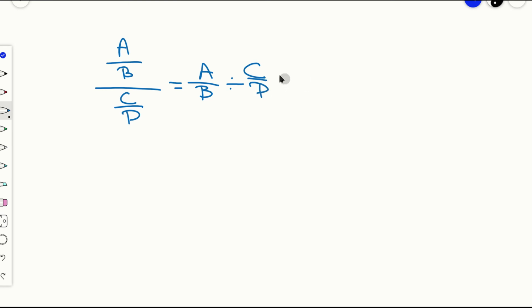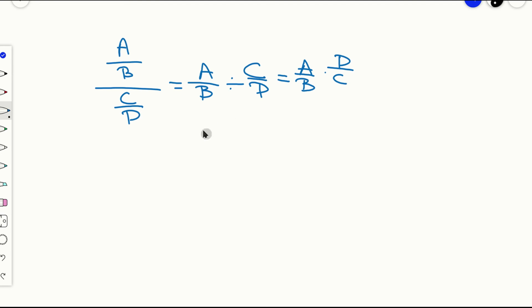Okay, so notice that here we want to look at a over b over c over d, right? As you know, that means a over b divided by c over d, which is a over b times d over c.